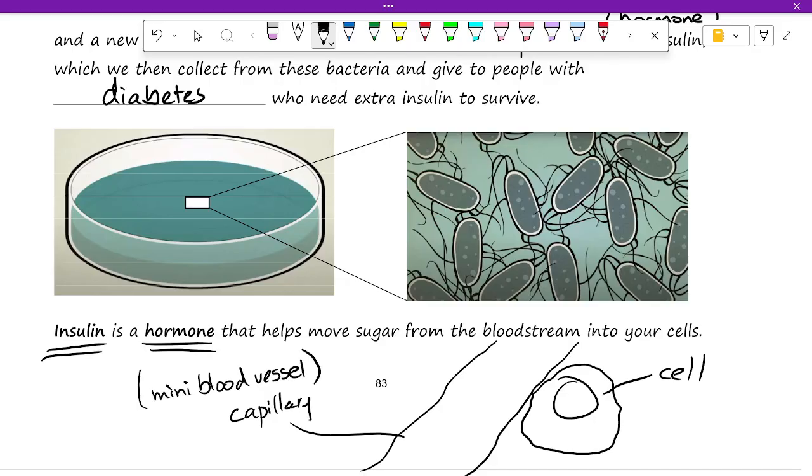And in there, we have sugar molecules. And we want the sugar to get into the cell because the sugar is fuel and insulin allows that to happen. If you don't have the insulin, the sugar just stays in the blood.